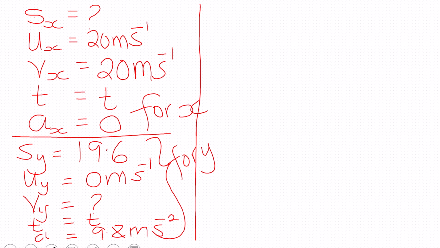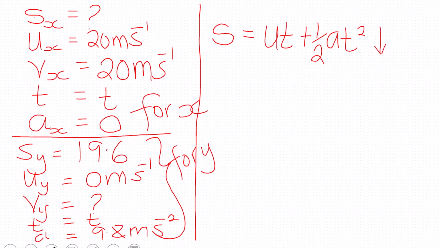So here we can use the second equation of motion, and in the first place we are considering vertical motion. So S is equal to ut plus a half a t squared. That is the second equation of motion, and we are considering motion downwards. So what is our S? Our S is 19.6 meters, our u is 0, and our t is t because we do not know it.